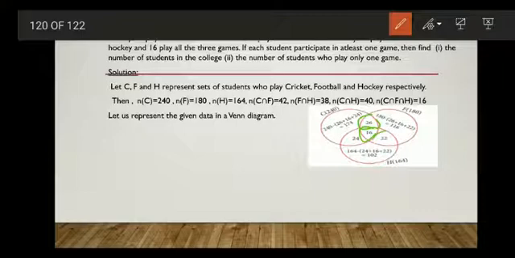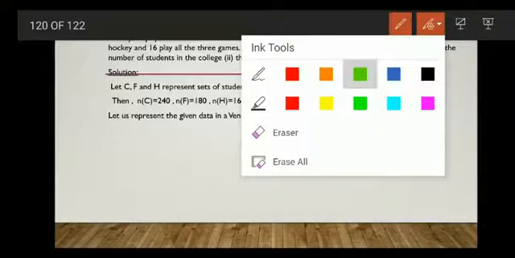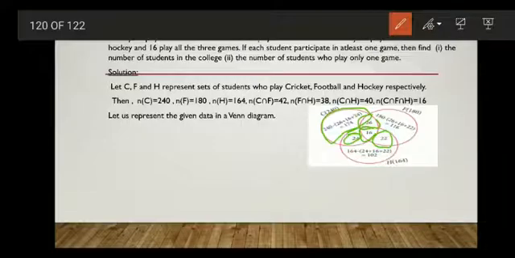Like that we have to find this portion and this portion. What will be this portion? That is the number of students who play only cricket. It is the total minus these three portions. Total C is 240 minus 26 minus 16 minus 24. That will give us 174.